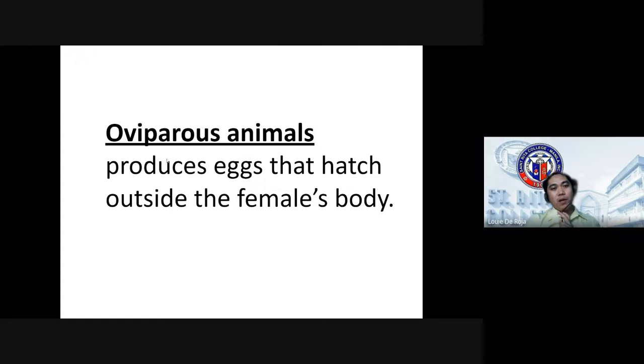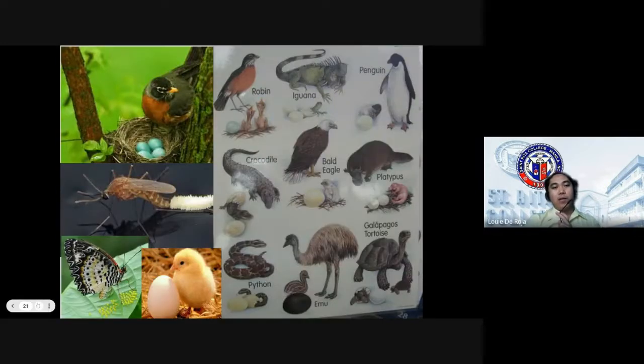First is oviparous animals. These oviparous animals produce eggs that hatch outside the female's body. Okay, na-fertilize siya sa uterus, pero inilalabas din siya ng female in the form of eggs. At doon na siya madedevelop.